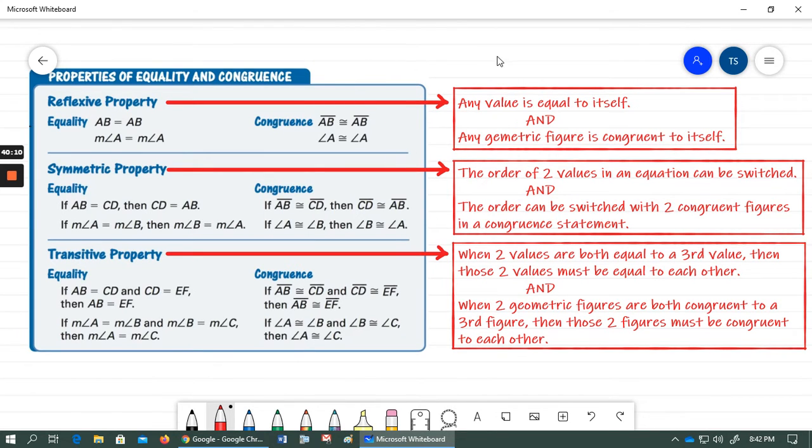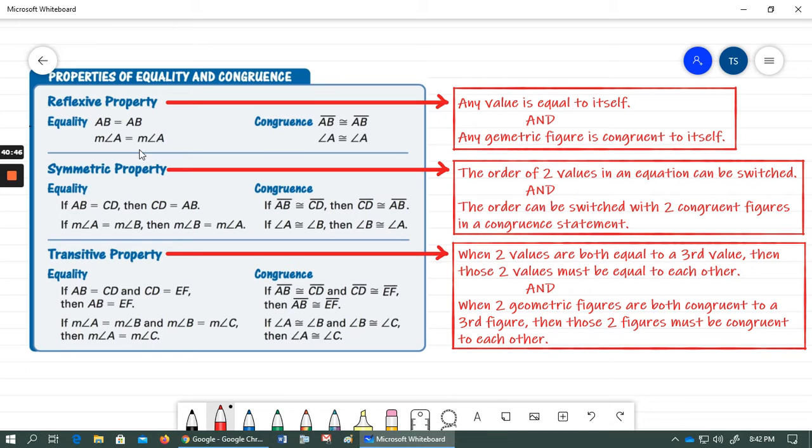All right, so folks, here we've got shown how it could be written using algebraic expressions, and of course algebraic expressions are also written as part of equations and as part of congruent statements. So again, folks, as we mentioned before, those three properties are properties of equality, and they can also be properties of congruence as well.